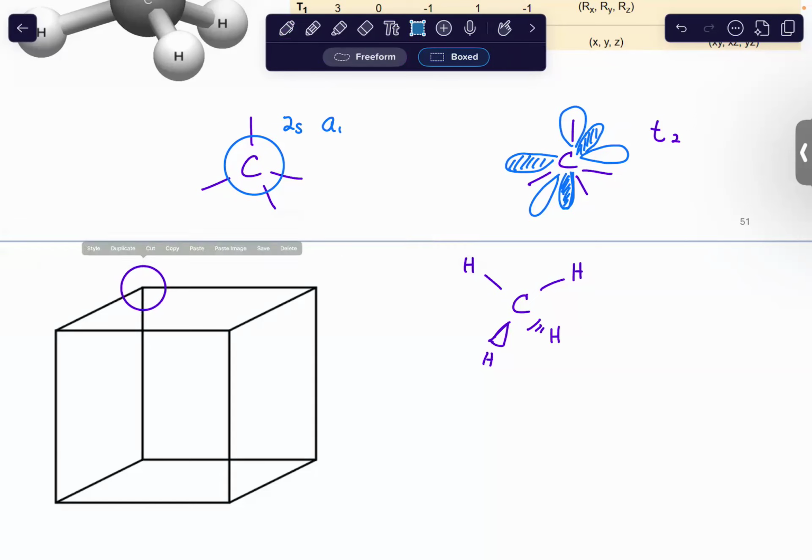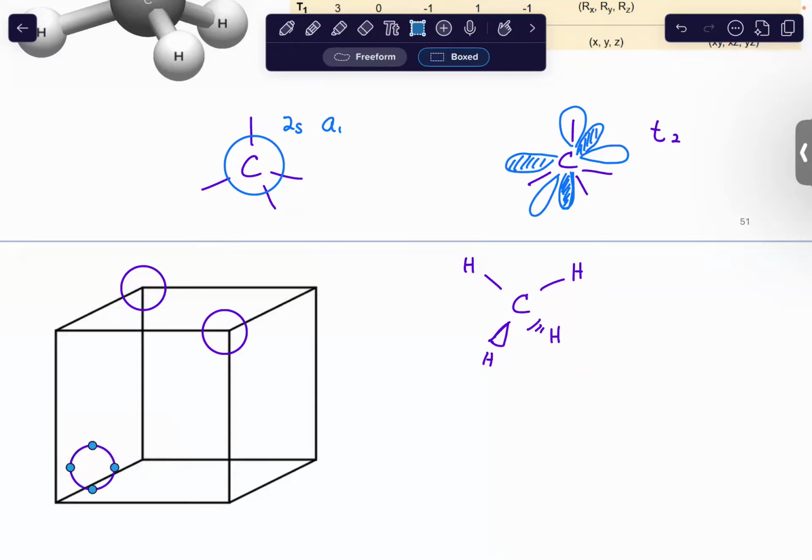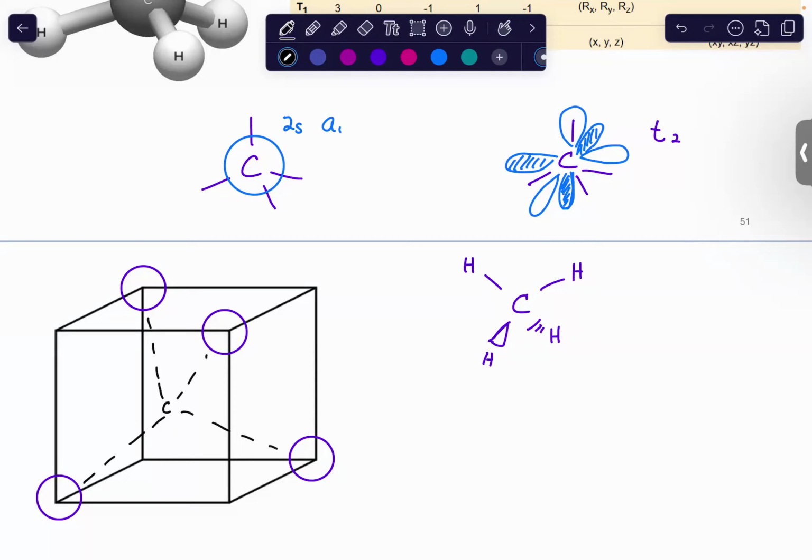We have an orbital there, one there, one on that corner, and one on that corner. If we had our carbon right at the center of this, you can actually see the tetrahedral fit right inside that cube.